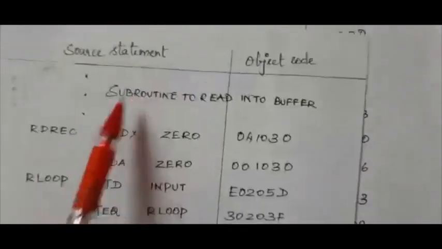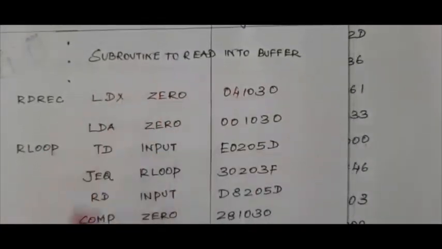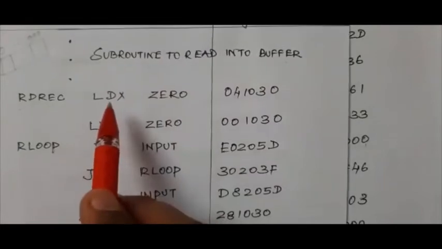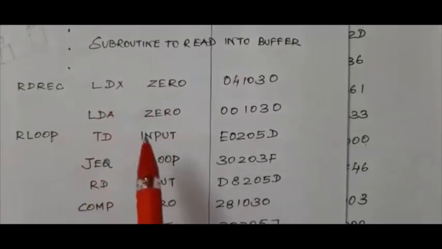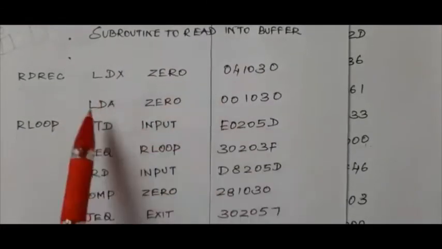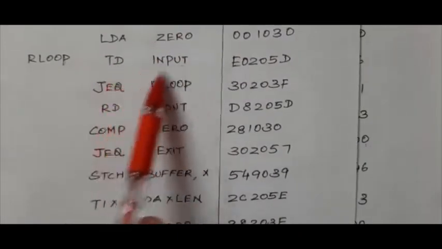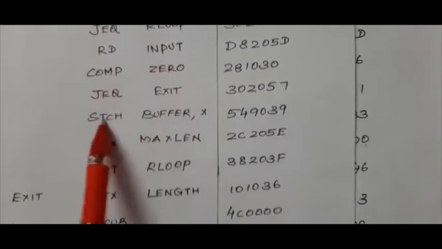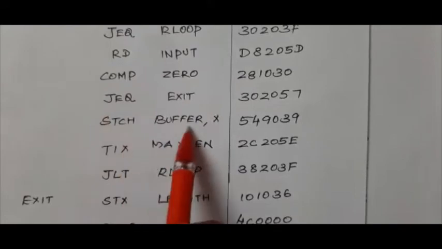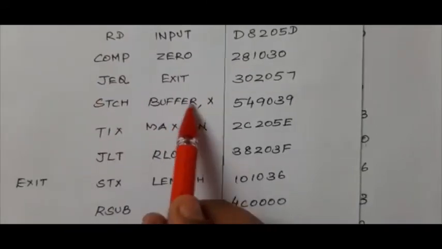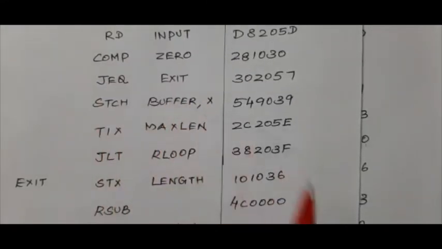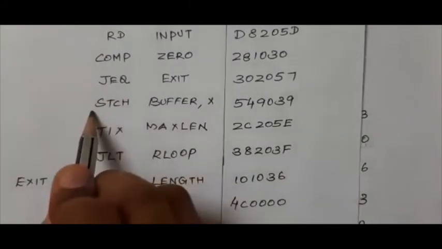Okay, so in the second page we see the subroutine to be read into the buffer. Next, okay, here LDX we have. LDX is direct only. So when we go here, see, STCH buffer, X. So X is a part of an instruction. So it means this is an indexed addressing mode.